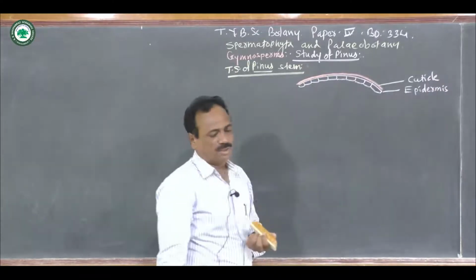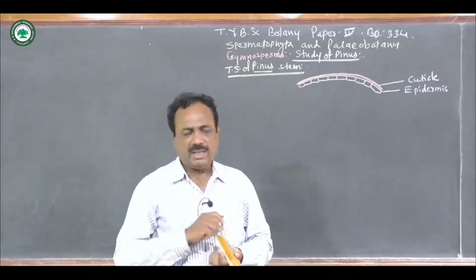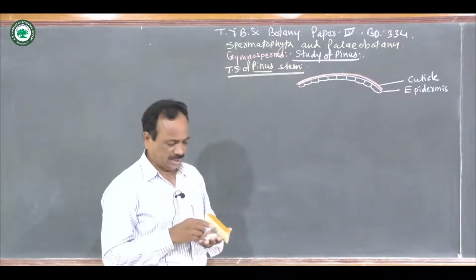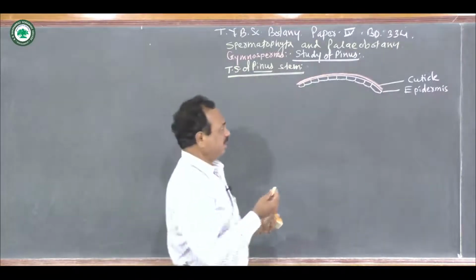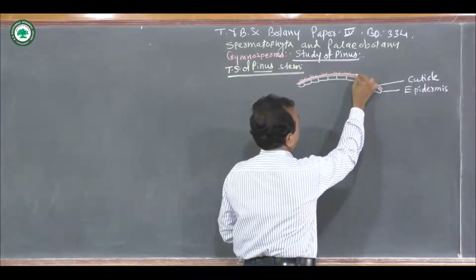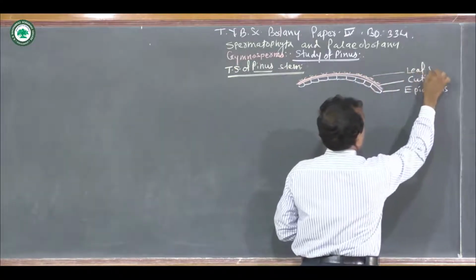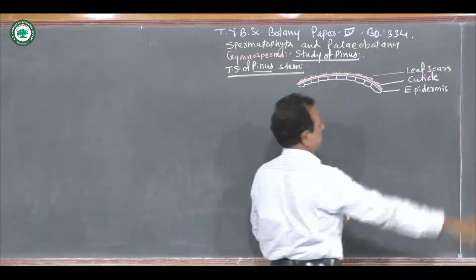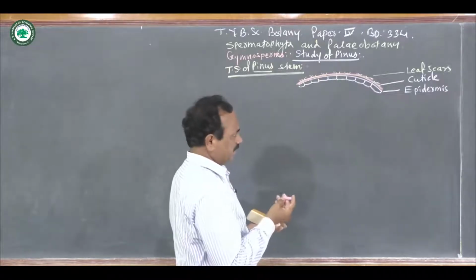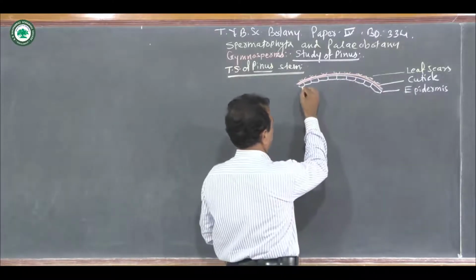On the stem of the Pinus there is a presence of scale leaves, and so if we take the transverse section of the stem, then it shows the marking of the leaf scars of the scale leaves.